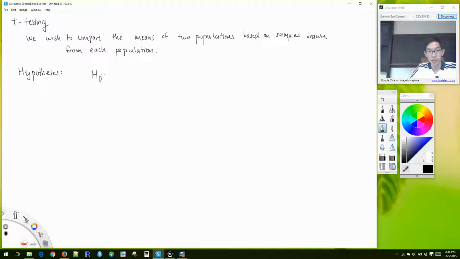Our null hypothesis is that mu1 equals mu2, which can equivalently be written as mu1 minus mu2 equals 0.